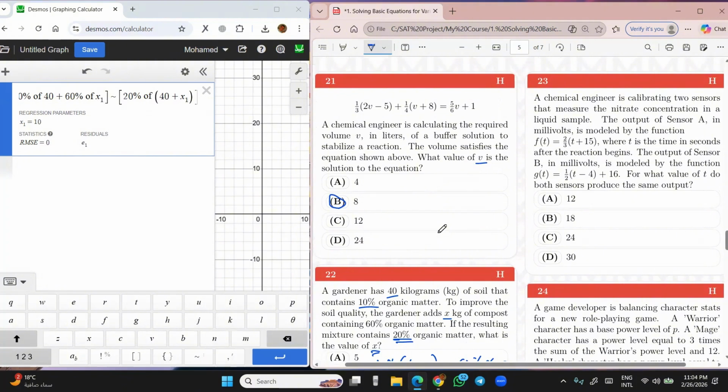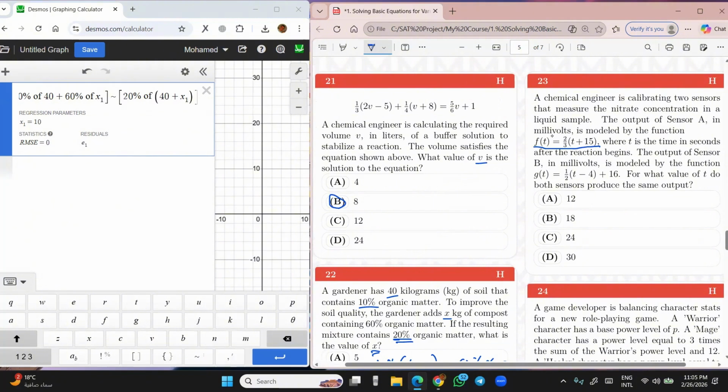Question 23. A chemical engineer is calibrating two sensors that measure the nitrate concentration in a liquid sample. The output of sensor A in millivolts is modeled by this function, where t is the time in seconds after the reaction begins.